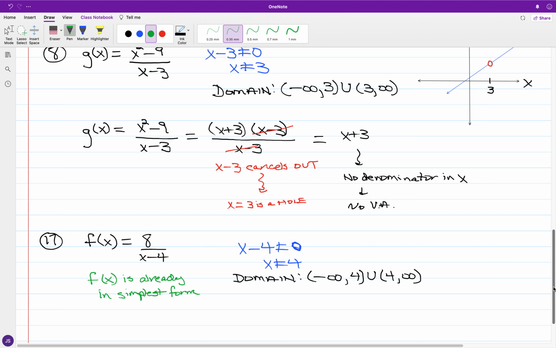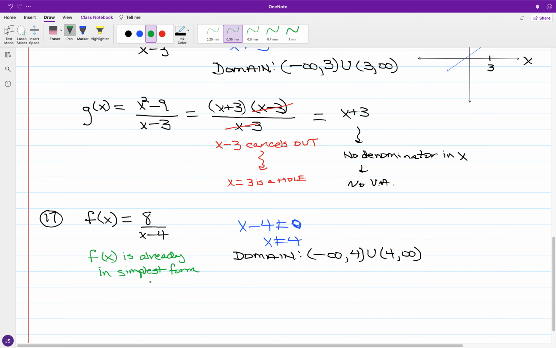Since f of x is already in simplest form, x minus 4 does not cancel. So this signifies that the exclusion of 4 is going to become the vertical asymptote. I'll use VA, shorthand for vertical asymptote, and this is at x is equal to 4.